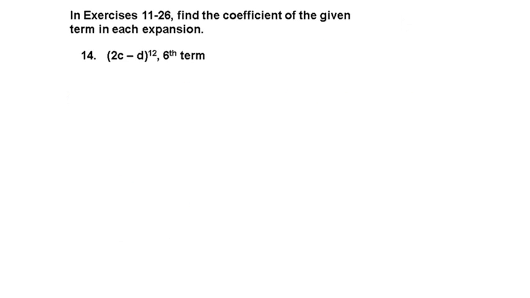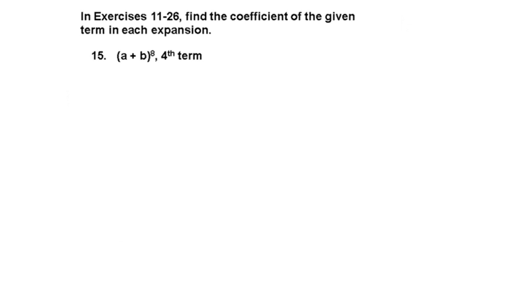Next on our problem 15, we have the quantity a plus b to the 9th power, and we're looking for the 4th term. So a plus b to the 9th, looking for the fourth term.